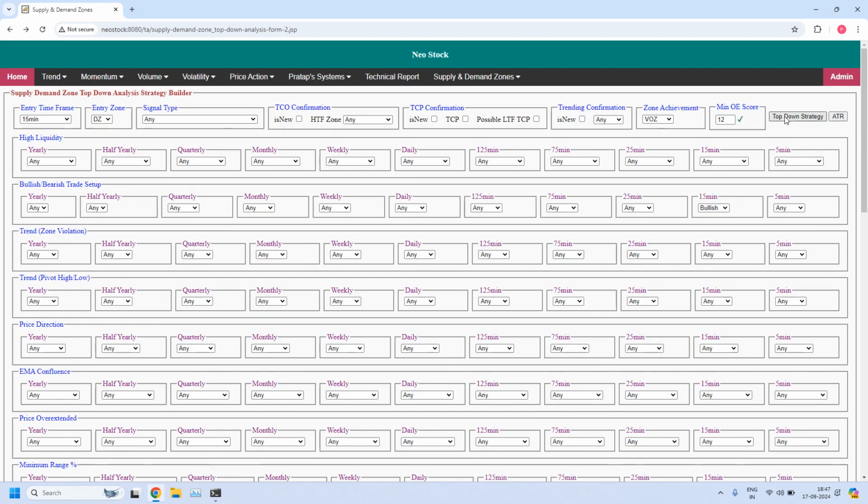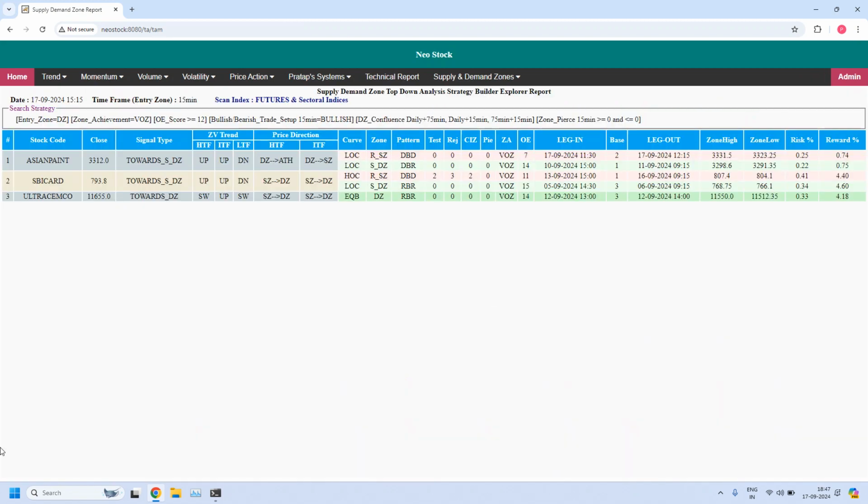Now let's verify. So 3 stocks are filtered. All these 3 stocks are having LTF, ITF, HTF confluence. That means 15 minutes and 75 minutes together are part of the daily zone. Because they are part of the daily zone, if the daily zone is having daily EMA confluence and the trend is uptrend, it is a high probability trade setup.